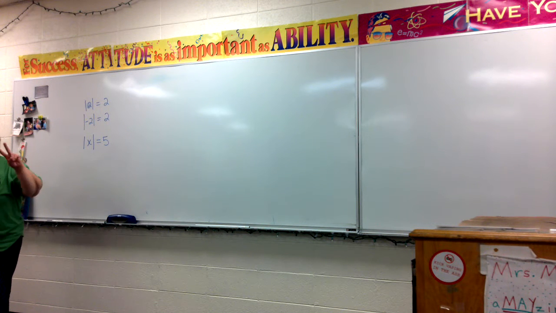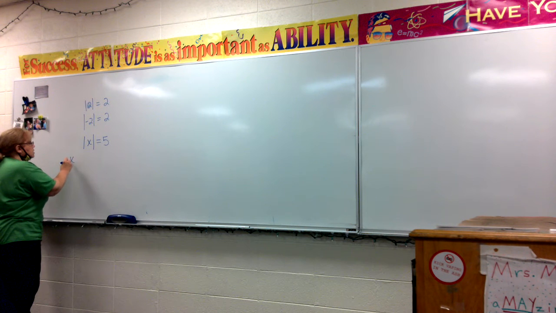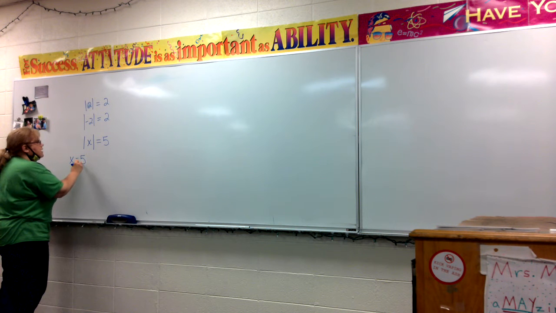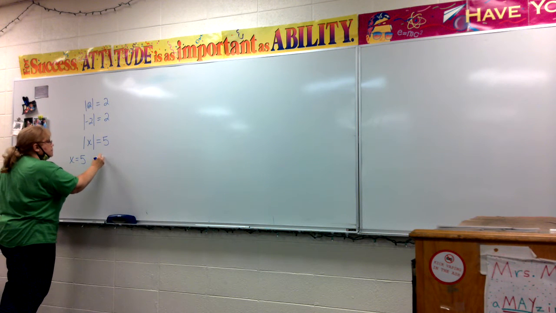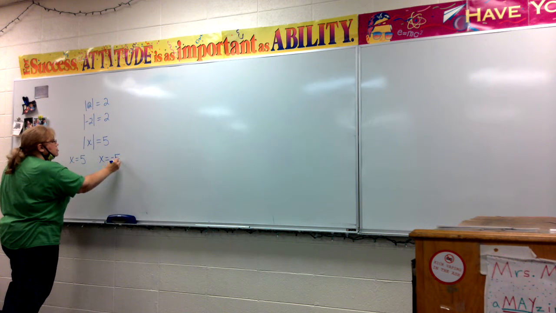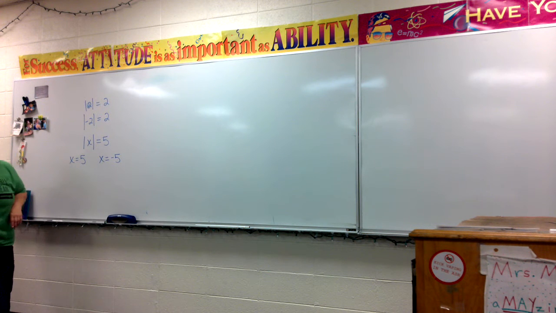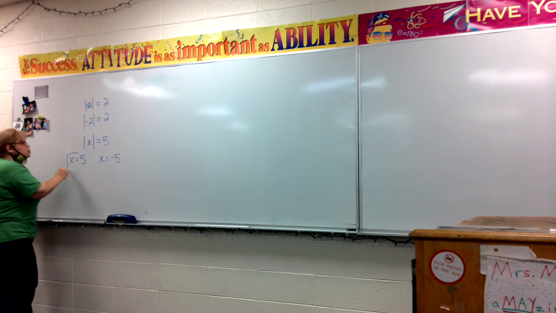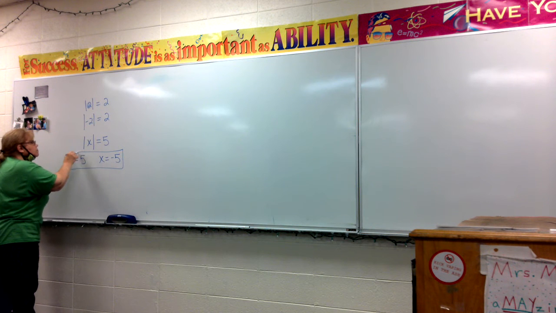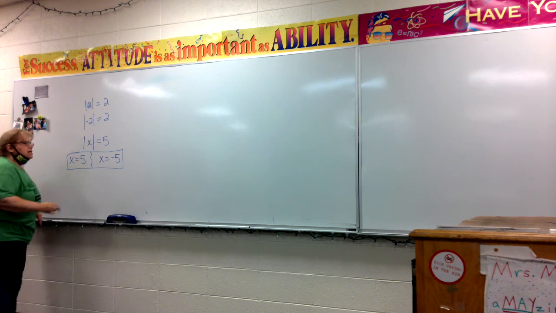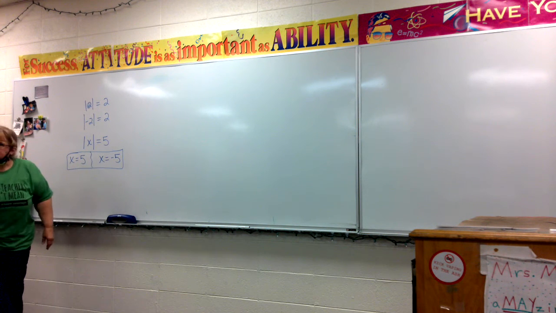Yeah, it could be 2 things, couldn't it? x could be 5, but x could also be -5, right? There are 2 possibilities. And that's what you have to keep in mind for today.